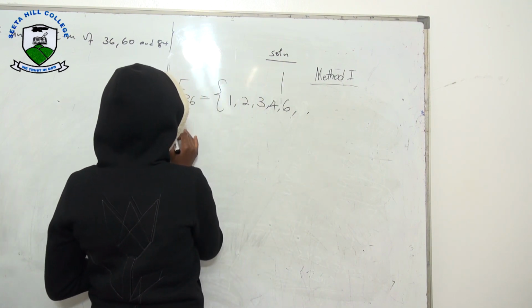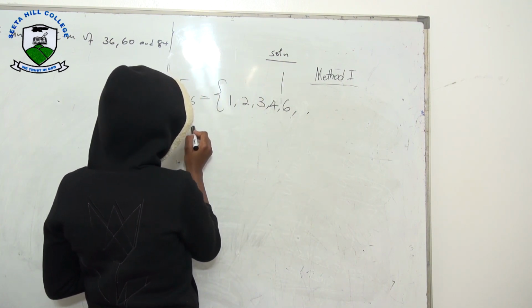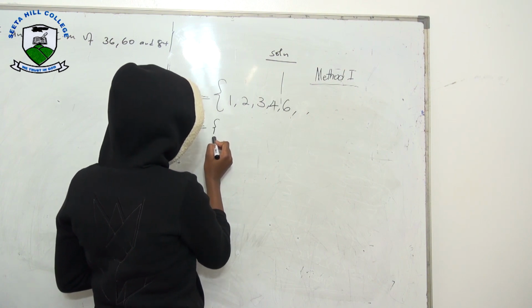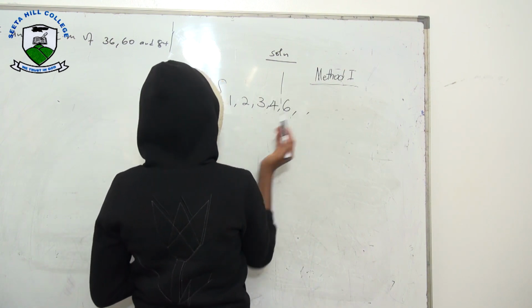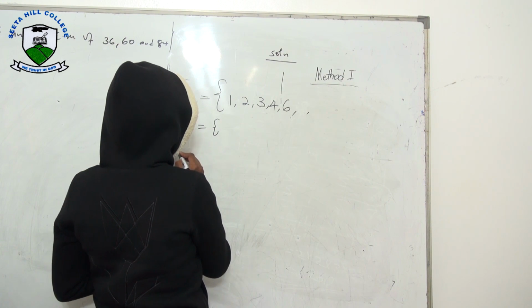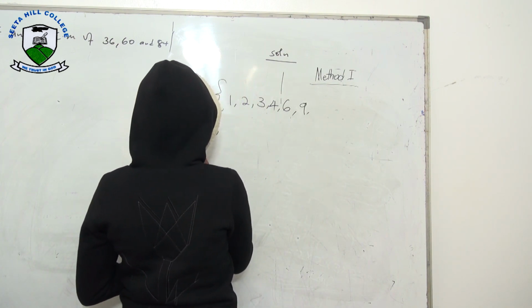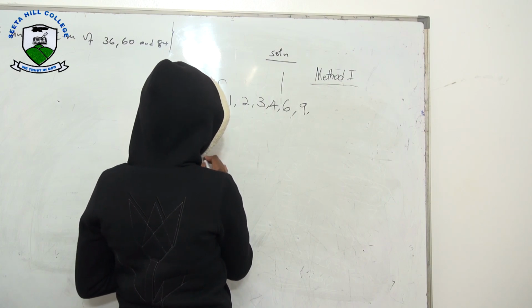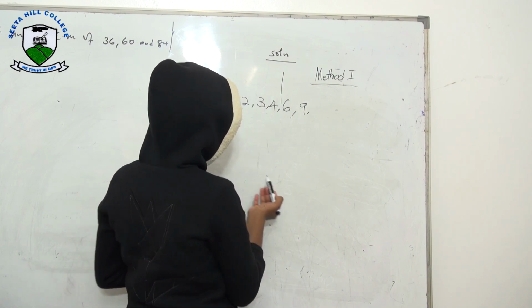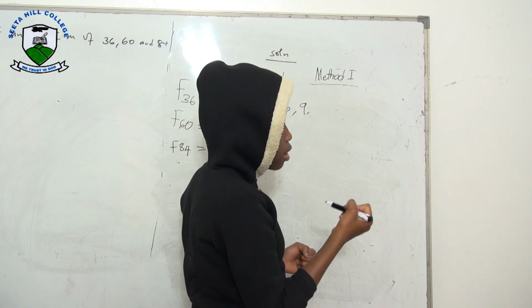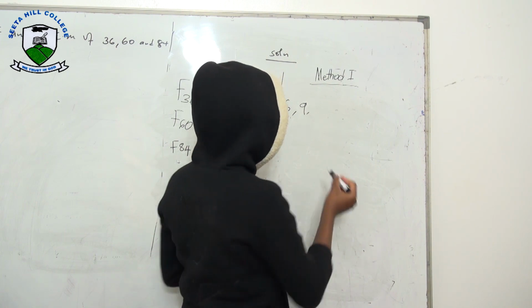No. So what's the next factor here? Just keep on pressing the natural numbers. 9. I think that's central, right? Yeah.